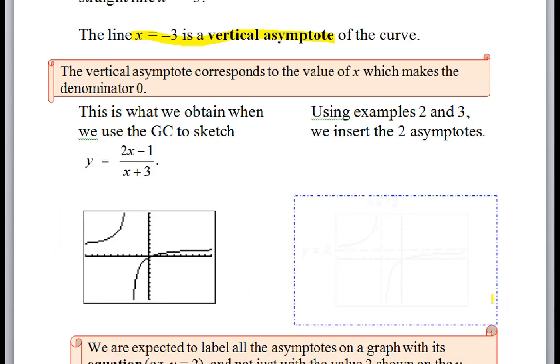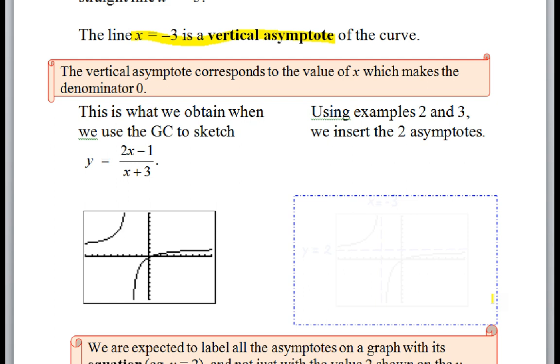This I showed you just now, my GC sketch. This is the part that I cautioned all of us about at the start of the chapter. The GC can only help us this much. I repeat, the GC can only help us this much. I showed you the GC sketch earlier, and it's exactly this.